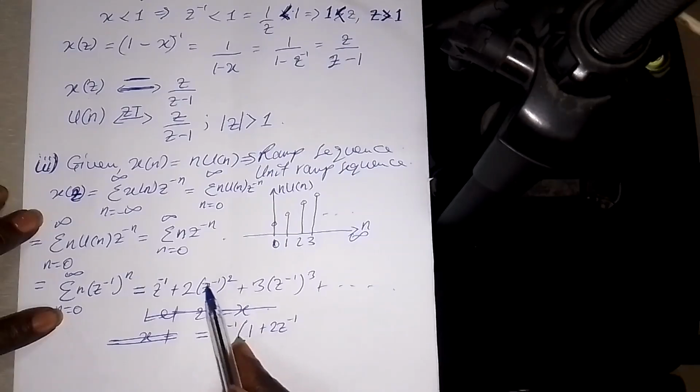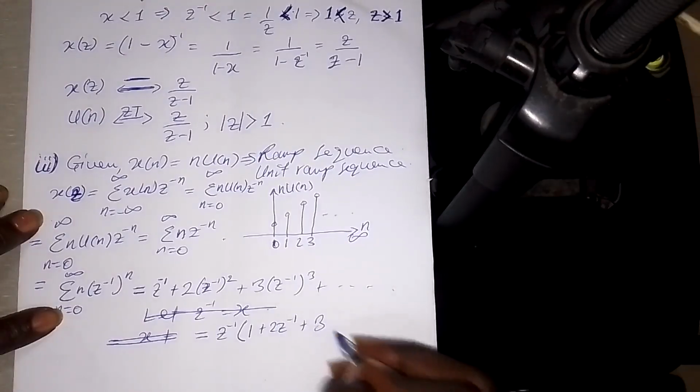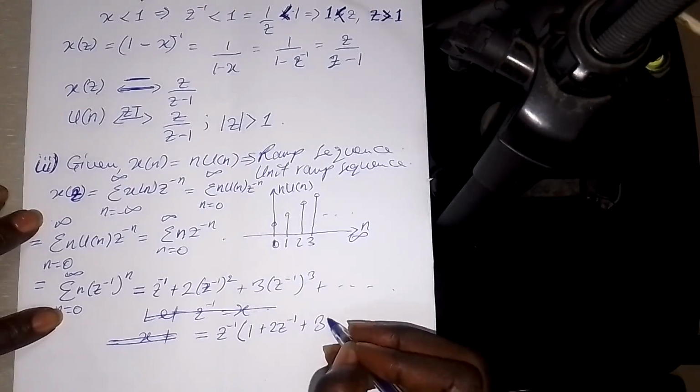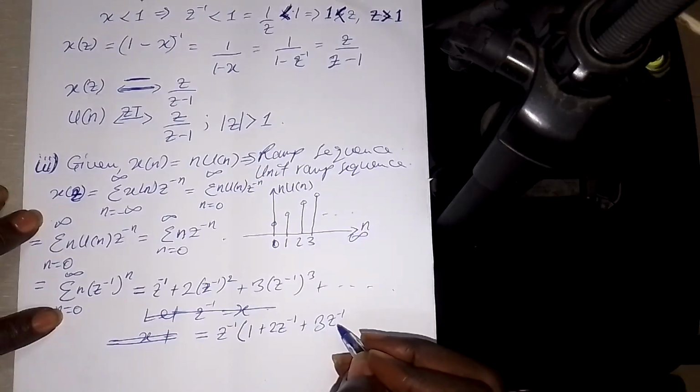You see that when you multiply here, you get z exponent minus 2, and here too, if you multiply here and here, you get z exponent minus 2, so it's correct. Then plus 3, so for 3, what will I get? z inverse minus 1.